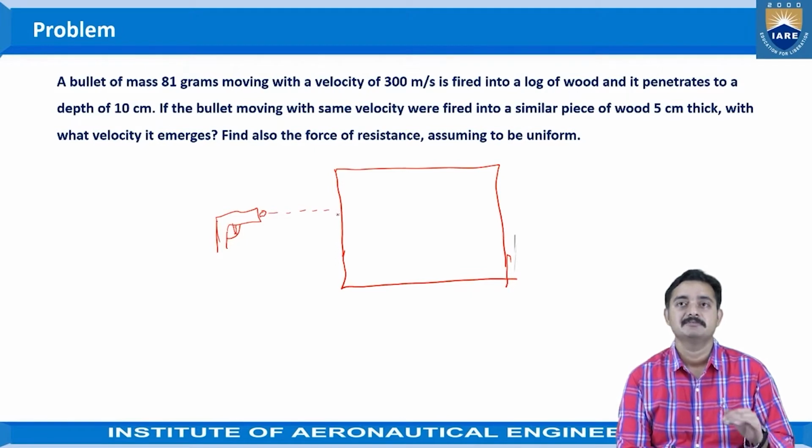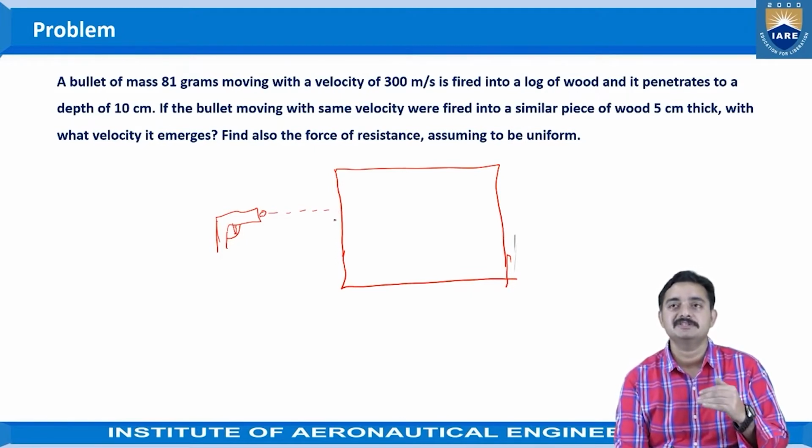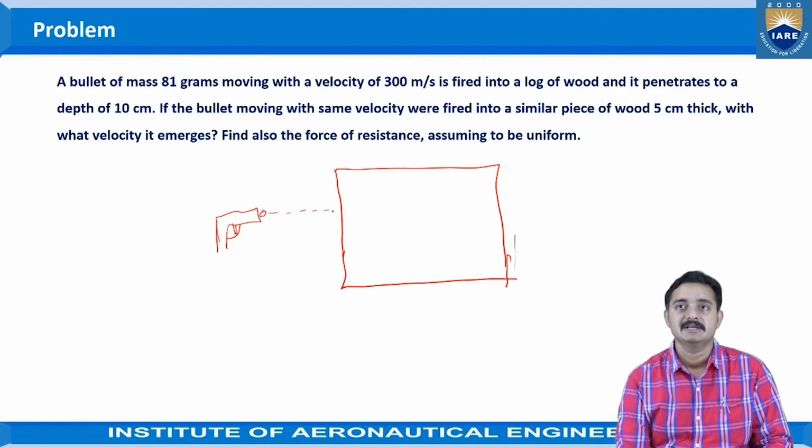Because of the velocity with which the bullet is traveling, 300 meters per second, the log of wood resists the movement and the bullet penetrates to a depth of 10 centimeters.